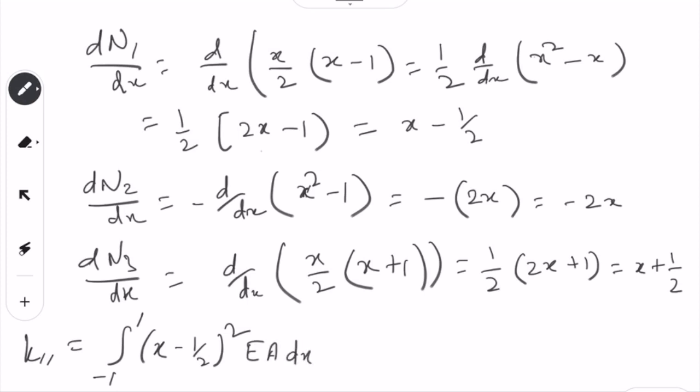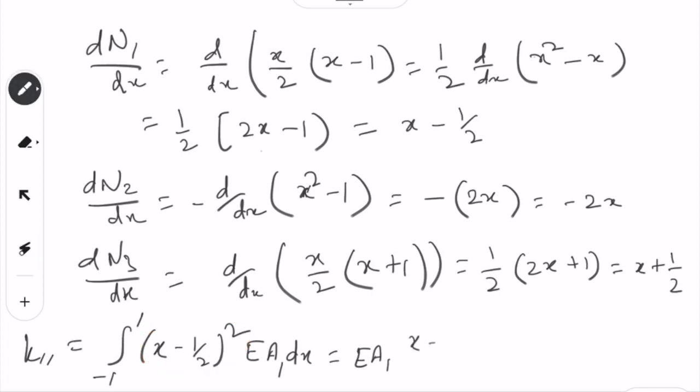Now E and A: we have E1 A1, and A is constant for the first element, so this will be EA1 times the integral.